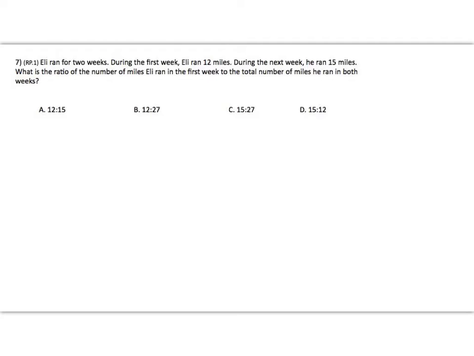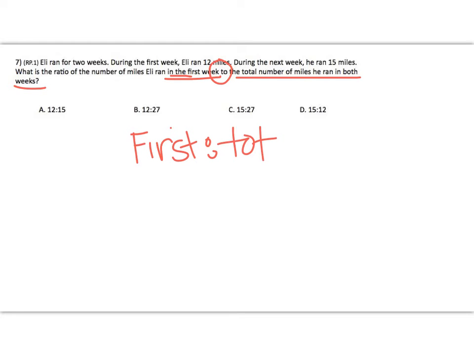Problem number 7. Eli ran for 2 weeks. The first week, Eli ran 12 miles. The next week, he ran 15 miles. What is the ratio of the number of miles Eli ran in the first week to the total number of miles he ran in both weeks? So let's set up a ratio. First week to total.